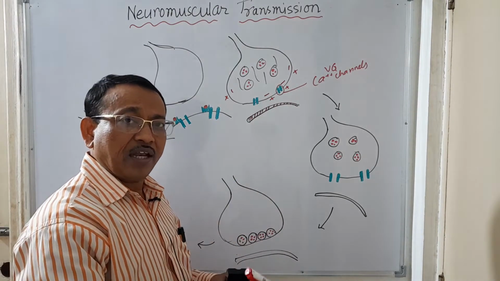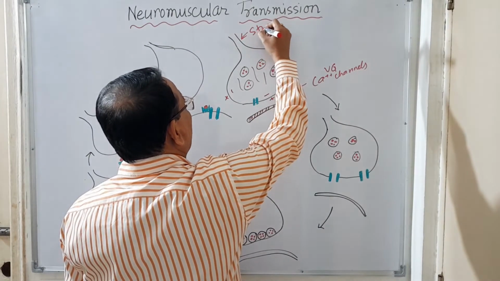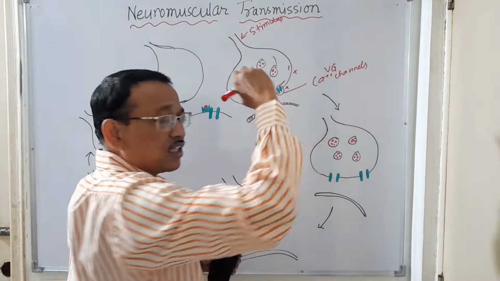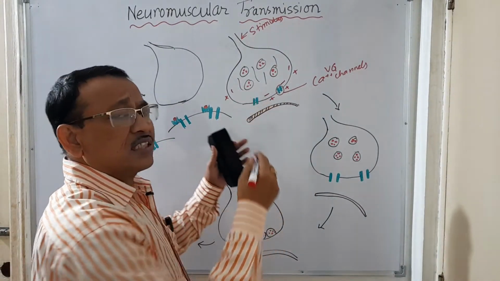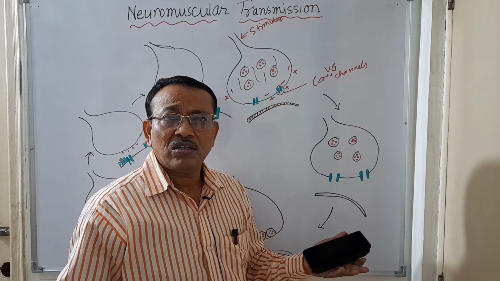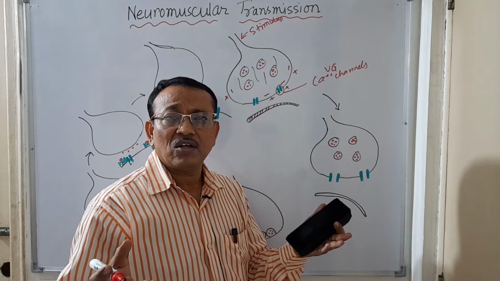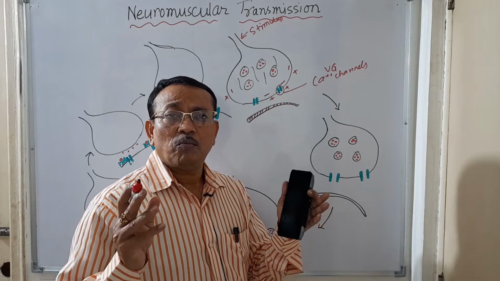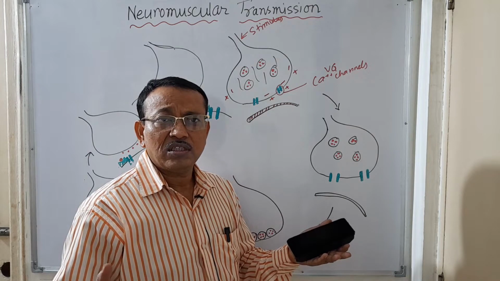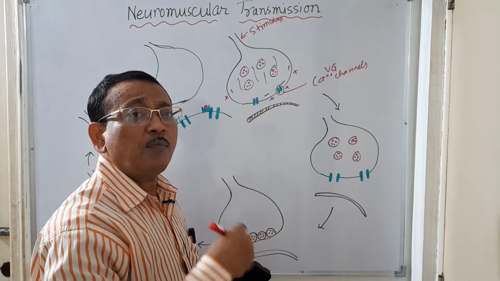Now what happens if a stimulus is given? Suppose a stimulus is applied here, in the motor neuron. As the stimulus is given, what will be the status of the potential difference across the membrane? That is known to you. Yes, it will be depolarization.